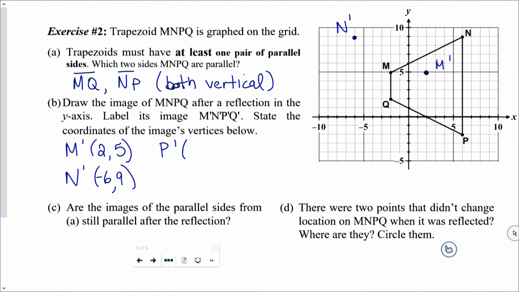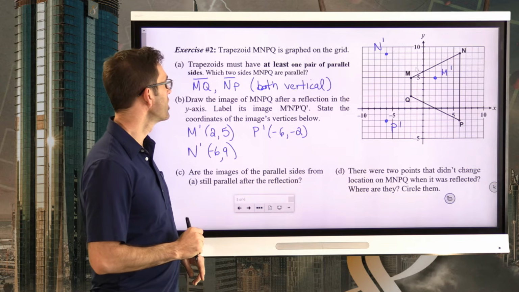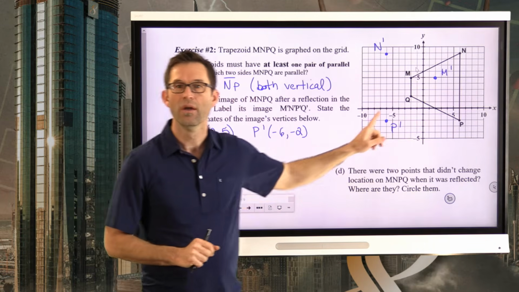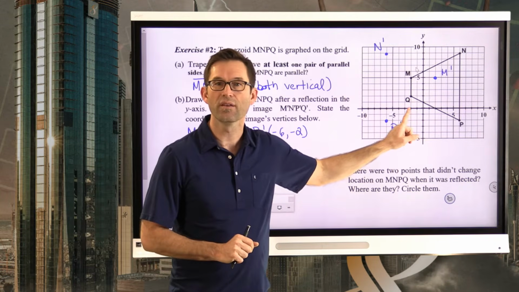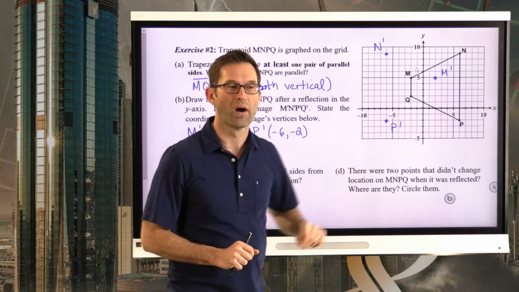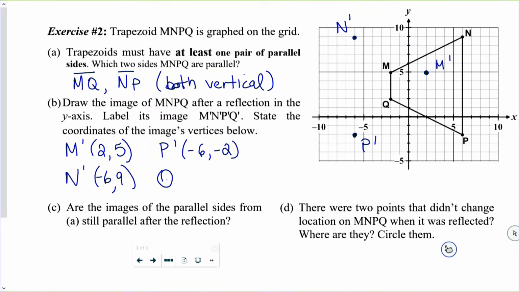So P prime, negative 6, negative 2. And finally, what do we have? N, M, P, we got Q. So finally Q, which is at negative 2, positive 2, when I reflect it over, it's going to be at positive 2, positive 2. Just couldn't see what my last point was.